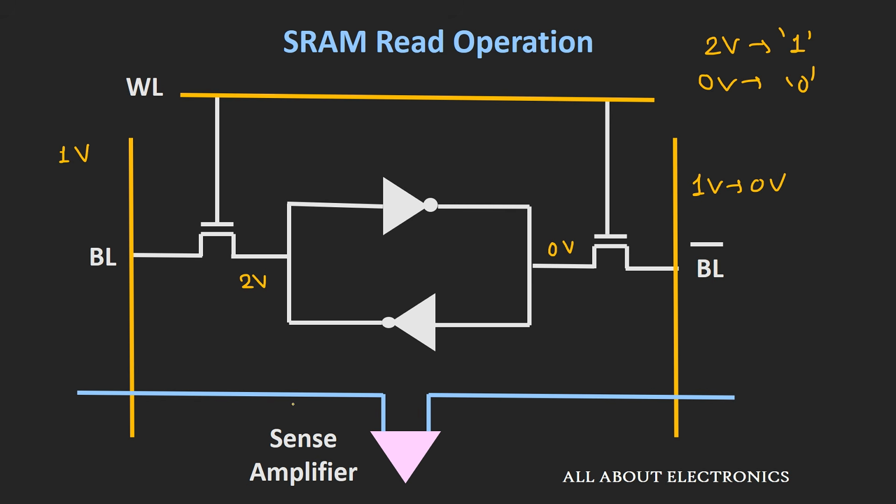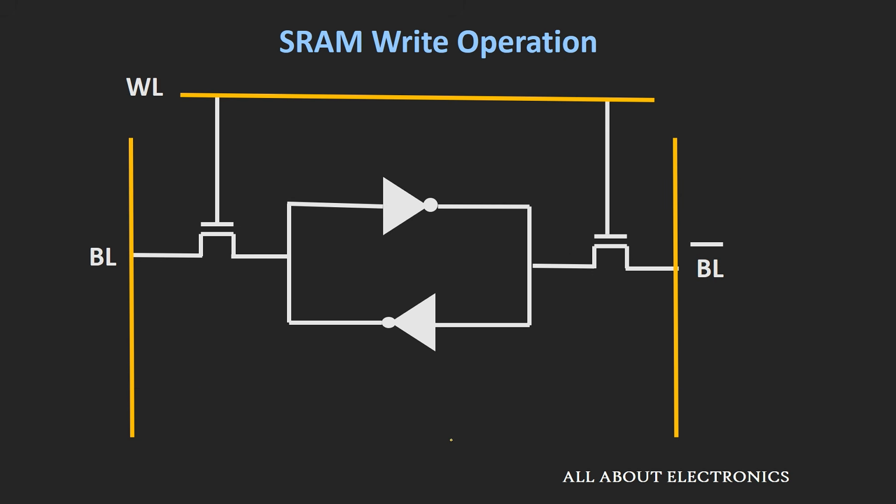So as you can see here, we are taking a difference between the bit line and the bit line bar voltages. So here if the voltage is increased from 1 volt to 1.1 volt, and let's say here the voltage is reduced from 1 volt to 0.9 volt, then if we just differentiate these two voltages and amplify it, then we can easily sense that voltage, and in this way we can increase the read speed or reduce the read time.